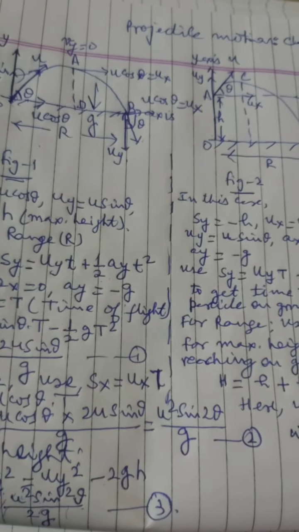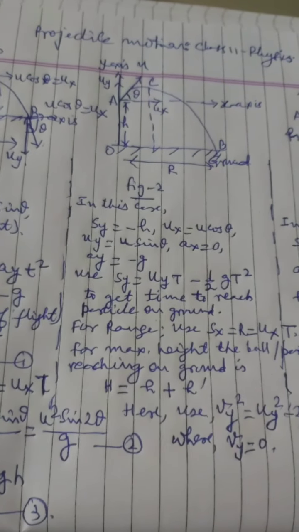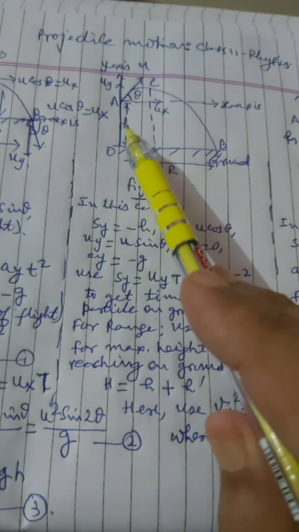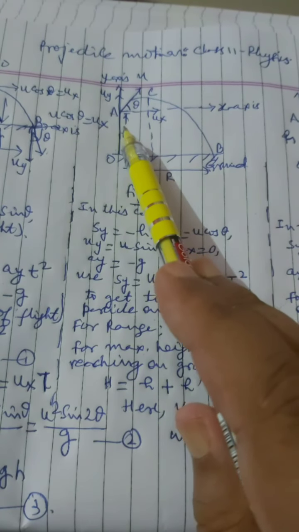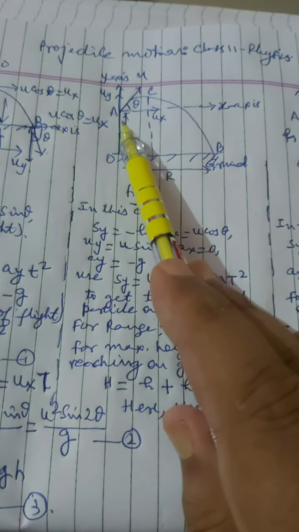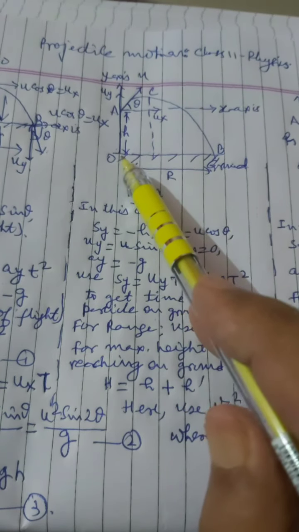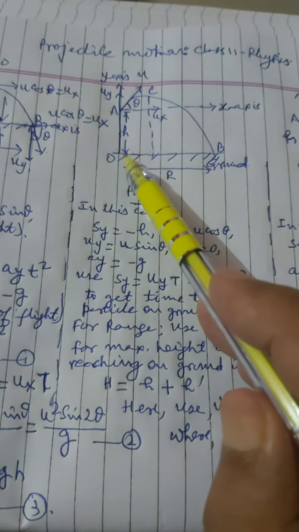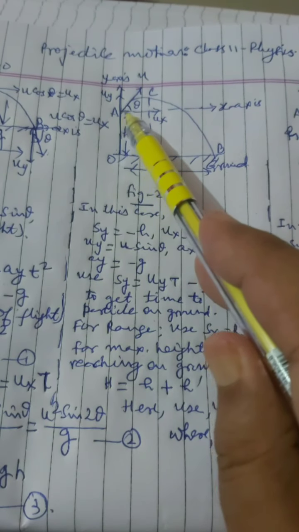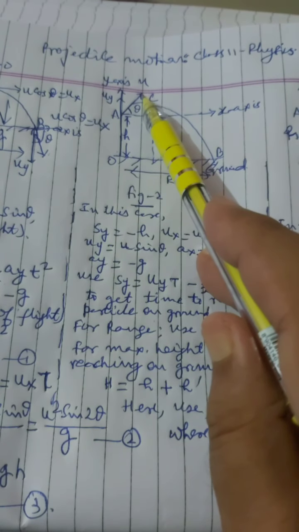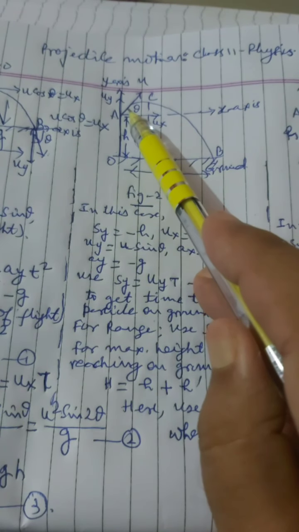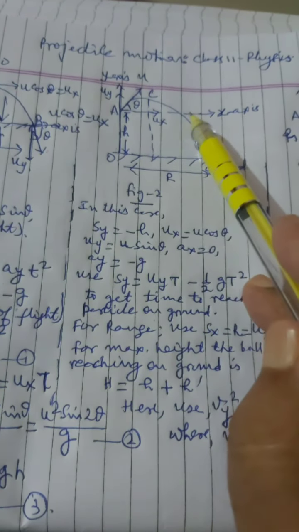Here in this figure 2, a particle like a cricket ball or anything thrown from a height. Suppose a height of a person is h. So here thrown from A with the velocity, initial velocity u, and making angle, projection angle theta.